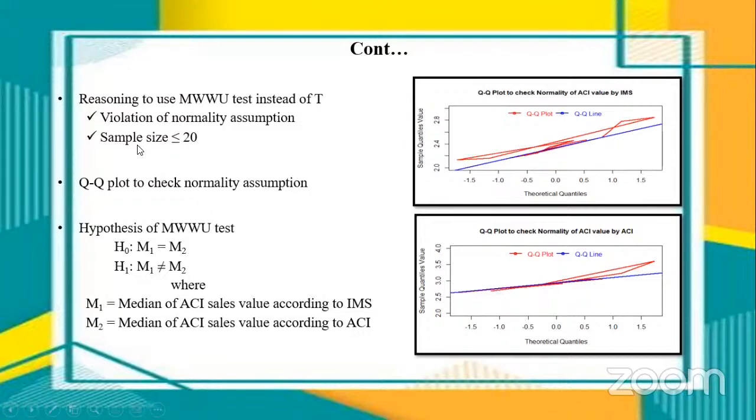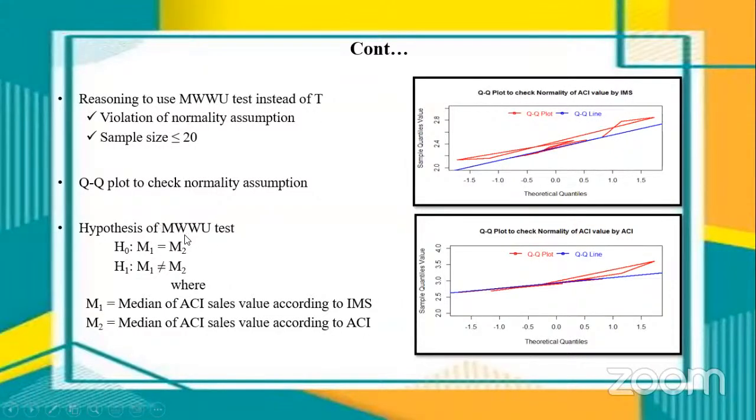Different studies show that if the sample size is less than or equal to 20, then the non-parametric Mann-Whitney Wilcoxon test shows more efficiency, and its power is better than the t-test. Due to these two reasons, the study relies on the non-parametric Mann-Whitney Wilcoxon test rather than the parametric t-test.